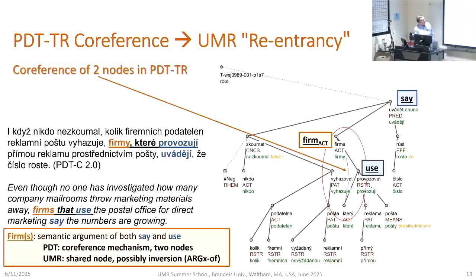So if we have relative clauses, there is also a co-reference link, typically from the pronoun. So this is not ellipsis, there is the pronoun in the subordinate clause, and that's linked by the co-reference link. This is actually called grammatical co-reference because in Czech there are rules for agreement in gender, number, and so on. So it's very easy to identify what is the antecedent just from the sentence.